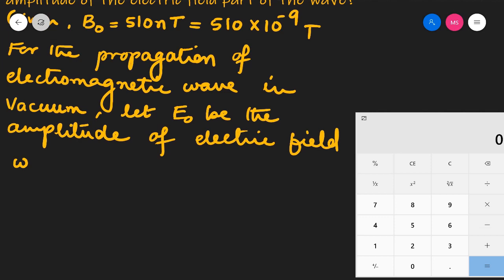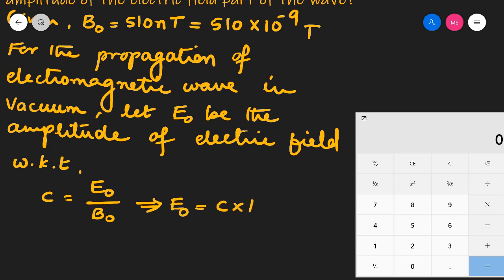Now we know that the relation between electric field and magnetic field is c is equal to E naught over B naught. So this implies that E naught will be equal to c into B naught. So therefore E naught will be equal to c, speed of light, that is 3 into 10 to the power 8, and B naught is given as 510 into 10 to the power minus 9.